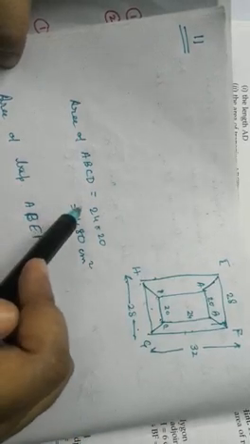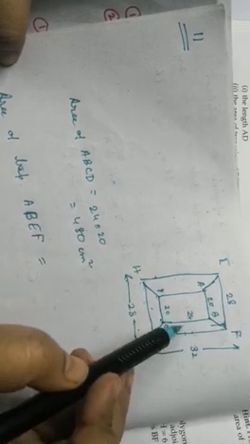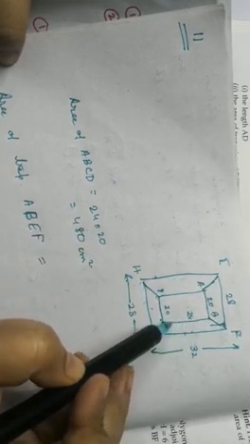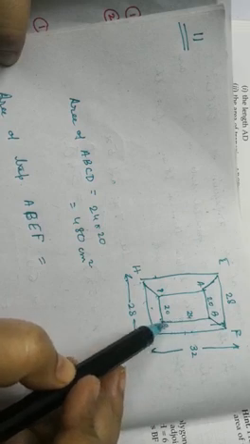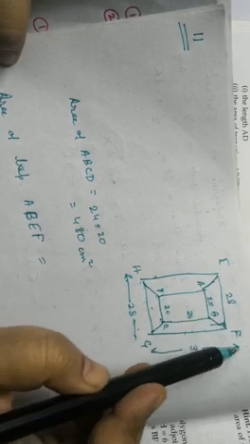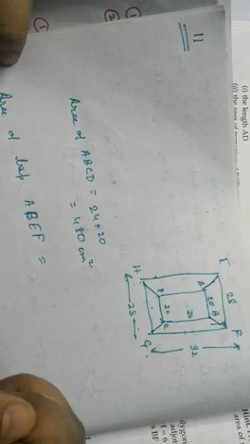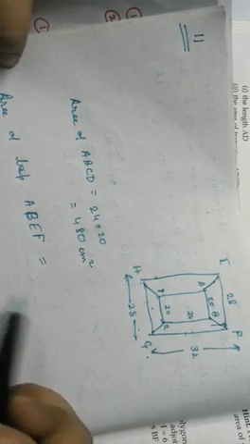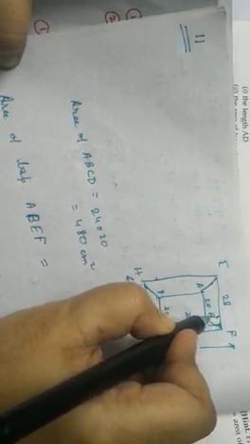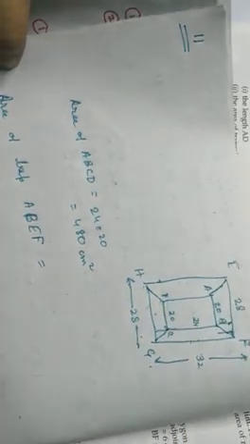What about the height of this trapezium? Now see carefully. This length is 24 and this length is 32. The difference between them is 8 centimeter, out of which 4 is here and 4 is here. It's a symmetrical diagram, isn't it?